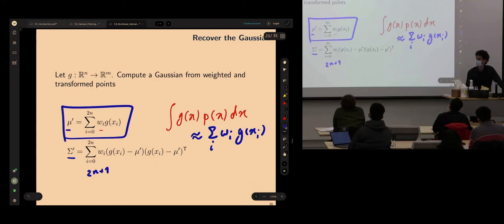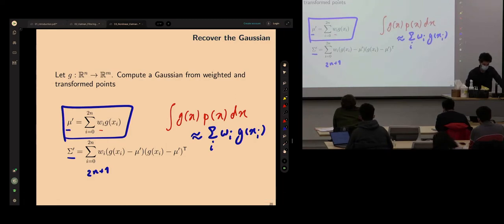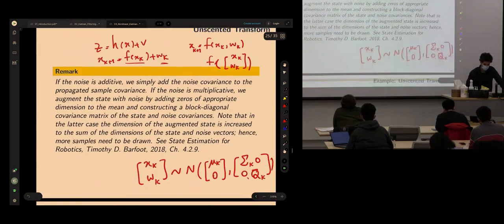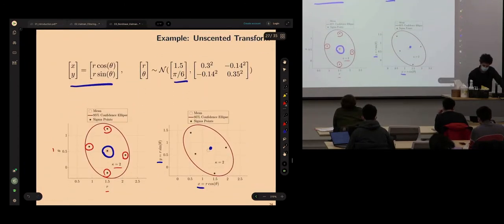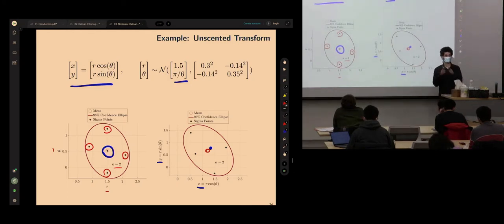This guy, right? When you evaluate this weighted sample mean from the unscented transform, it will give you another point just here. Now, this is not too bad. This is a nice example. So they're very close. They can't be far.